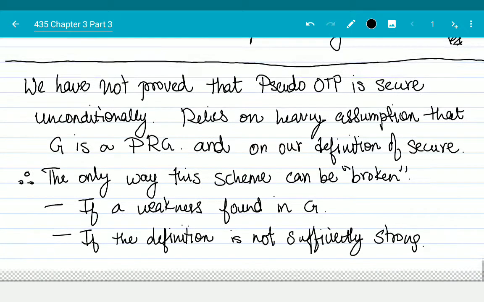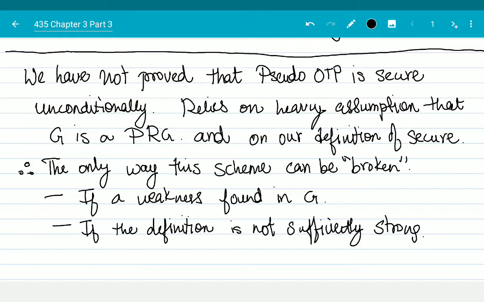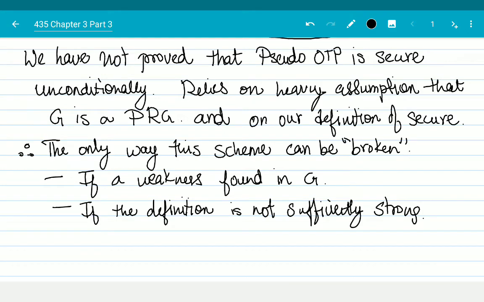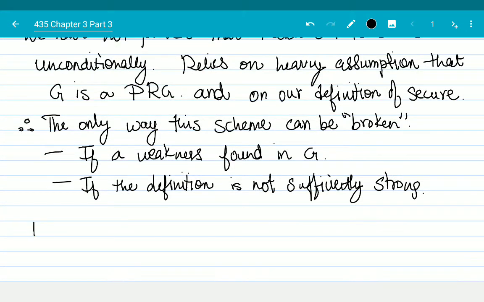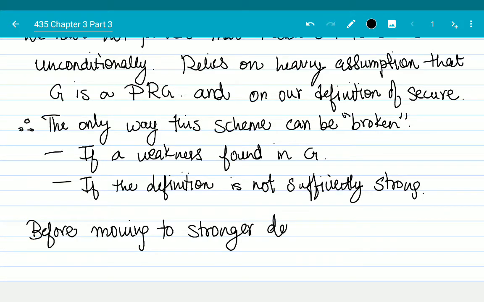So what does that mean? What do we mean by not sufficiently strong? We will see what that means, I will get to it since we have time. But what have we gained so far, before moving to stronger definitions?